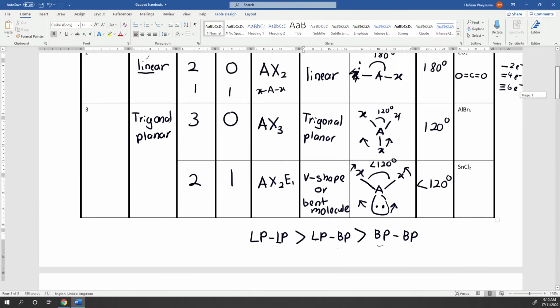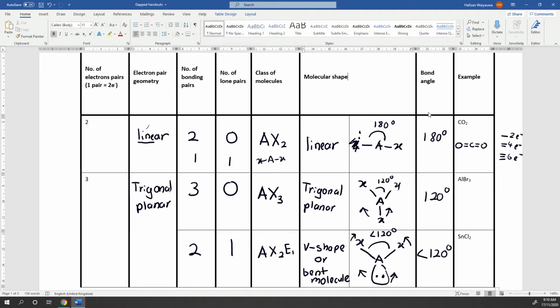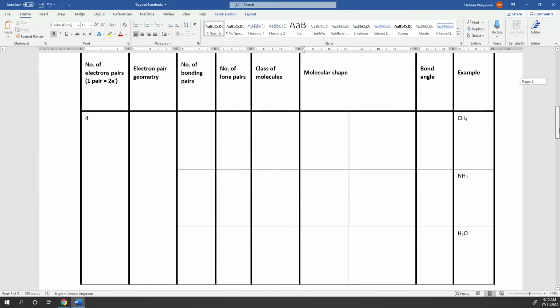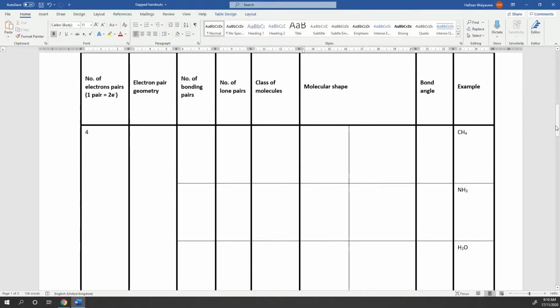Daripada kita ada dua je total electron pairs and 3 total electron pairs, kita tengok ke what if kita ada 4 electron pairs. So 4 ingat tak tadi apa nama dia? Boleh siapa tadi? Yes, tetrahedral.